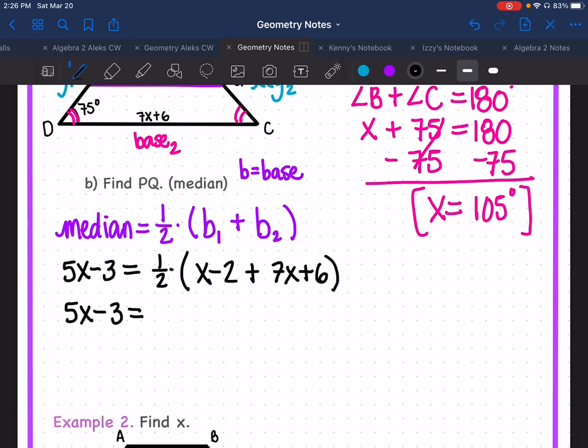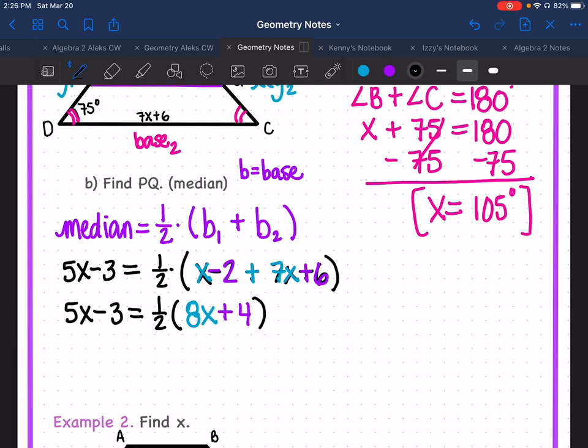So x plus 7x would give me 8x, and then minus 2 plus 6 would give me positive 4. So I just combined my like terms, the x with the x, the numbers with the numbers.